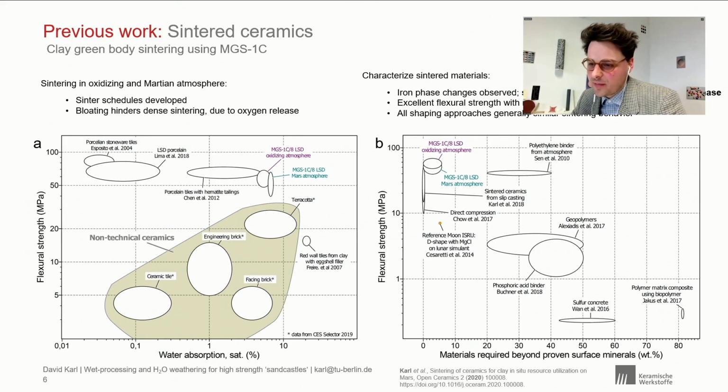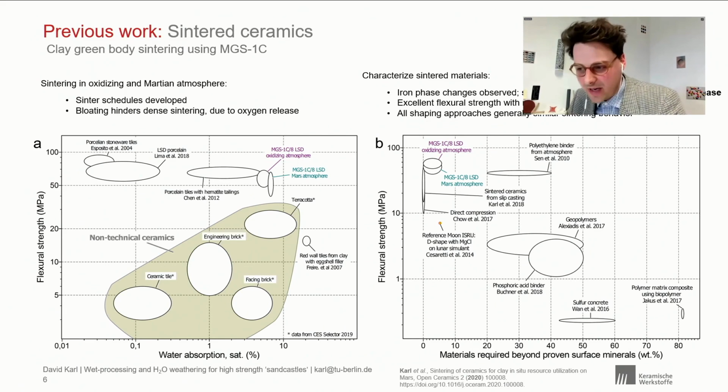With this, our materials in terms of flexural strengths are really high up in the chart. These sintered Martian simulants are quite porous, but they're comparable in strength to porcelain, which is significant. Compared with other Martian simulant papers, we are right at the top left for flexural strength over materials required beyond proven surface minerals. And this, I think, is significant.